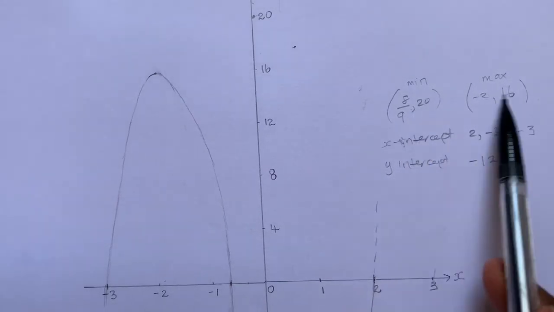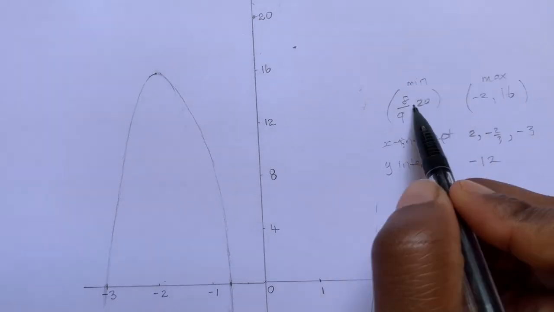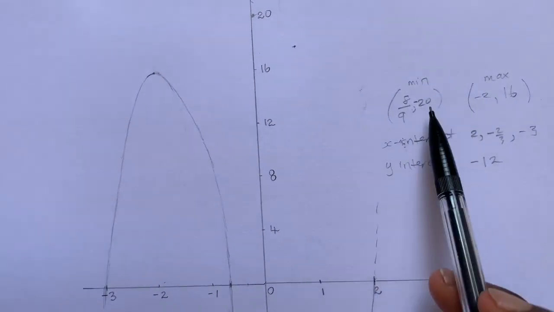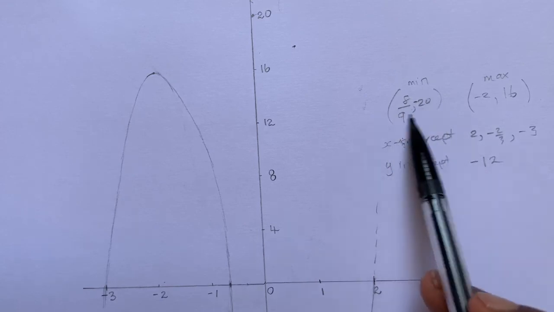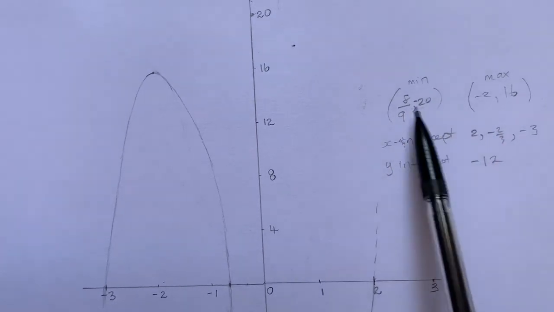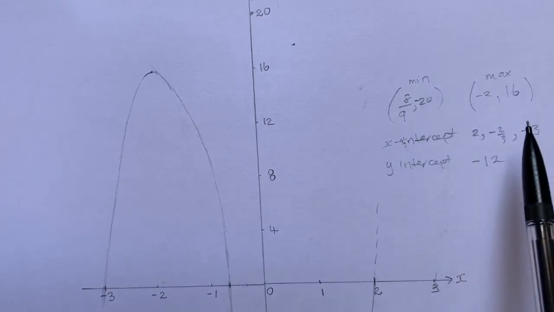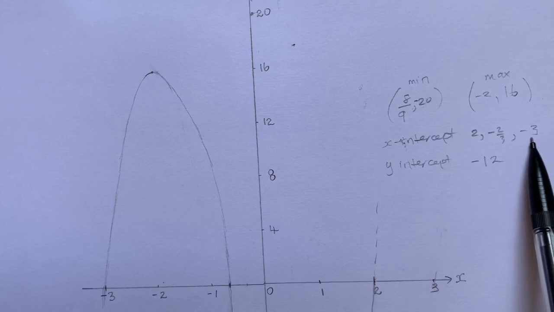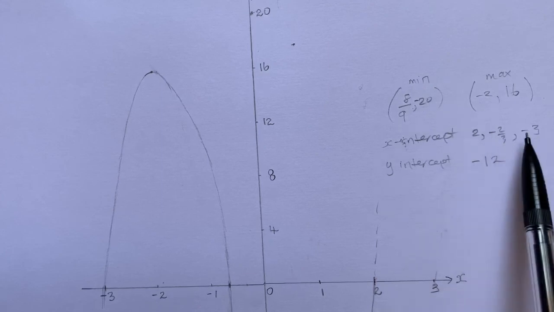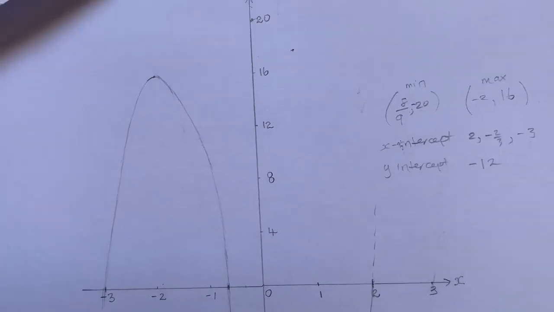Based on these values, we can bring our graph down to negative 20, my apologies, and up to 16 on the y. And this is a 1 and negative 2. Our intercept included a negative 3, so we have to go as far as negative 3 on the x, and we can go up to 3 on the positive side as well.